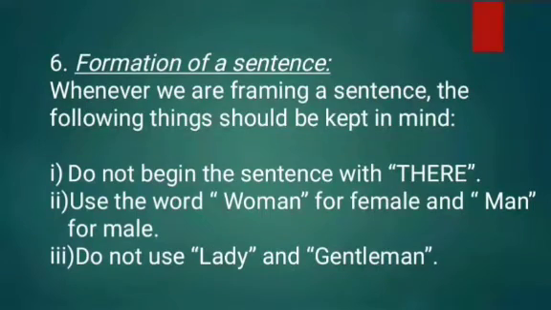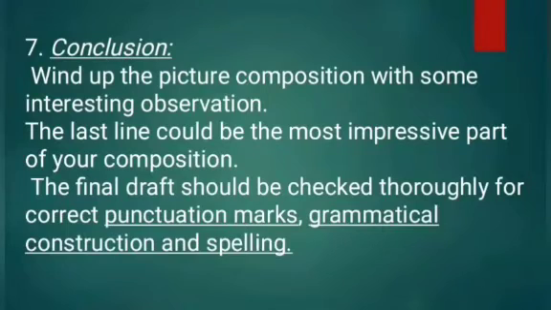Then, if you want to write about a female person, write woman. Or when you want to talk about male, you will write man. Do not write lady. A lady is standing. Do not write gentleman.